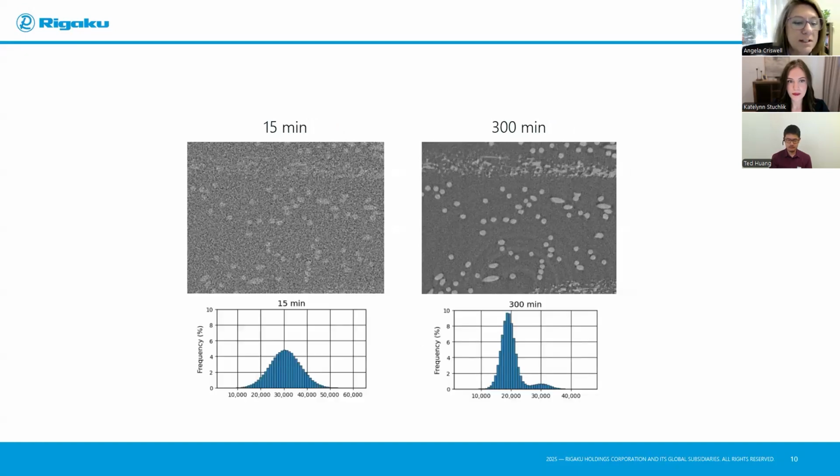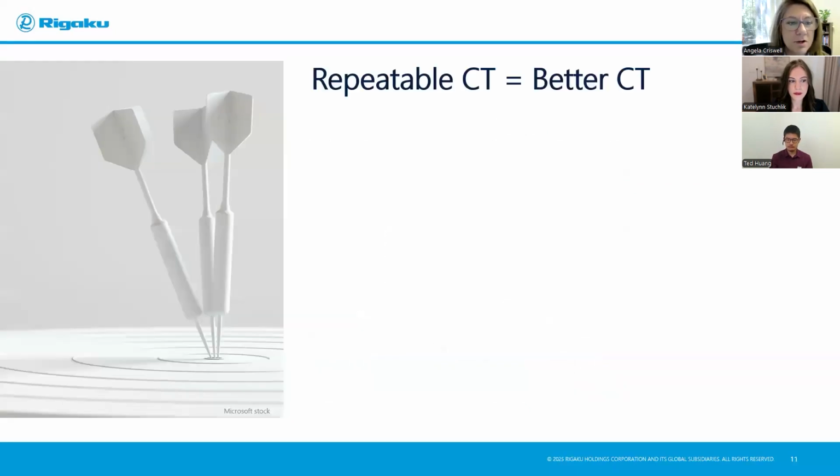Likewise, these two scans of the same sample collected at two different exposure times result in very different histograms, which again, if you have an automated routine, then you might get very different results. I would argue that repeatable CT is really going to give you better CT. If the scans look different, then automated routines can break.